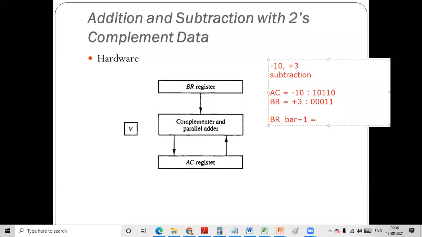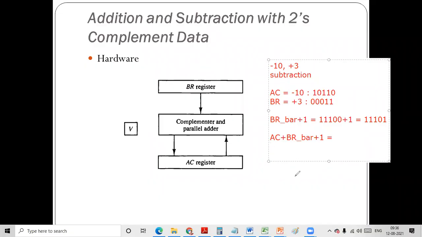So minus 3 it means. First take the 1's complement and then add 1. I'll be getting 1, 1, 1, 0, 1. Now I have to add AC plus BR bar plus 1, because my operation is subtraction. AC is 1, 0, 1, 1, 0 and BR bar plus 1 is 1, 1, 1, 0, 1.